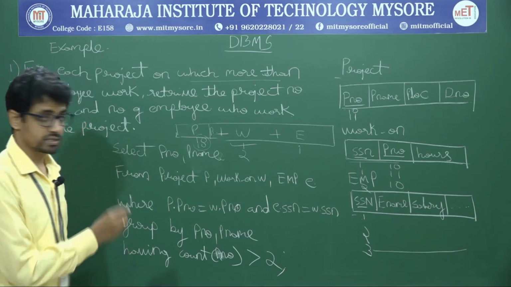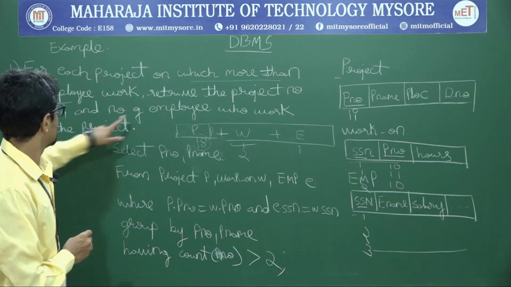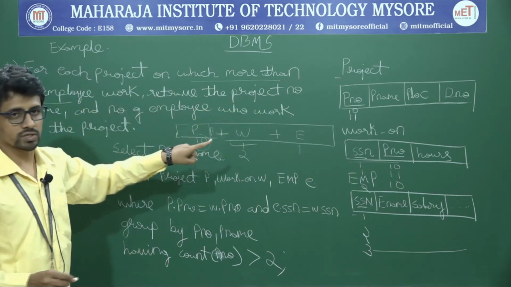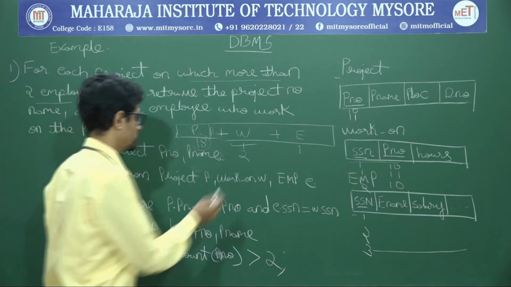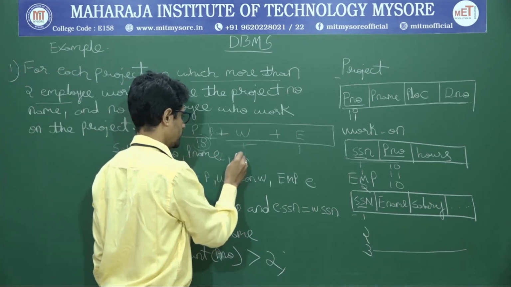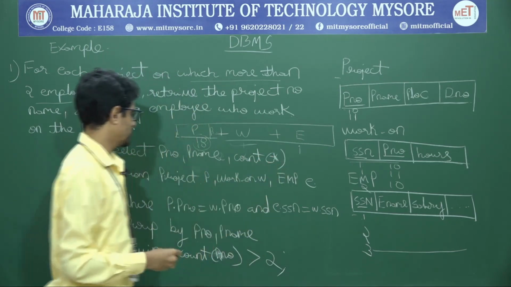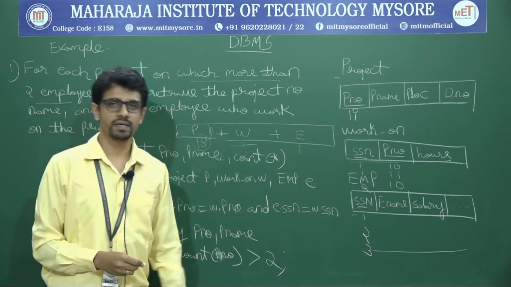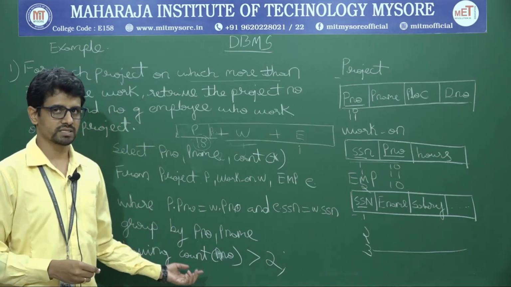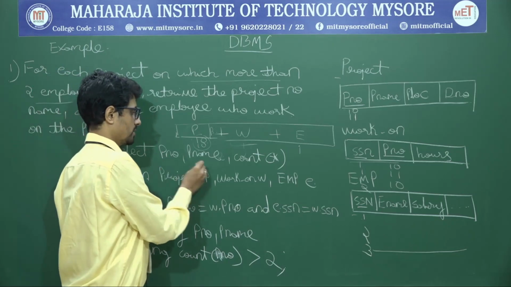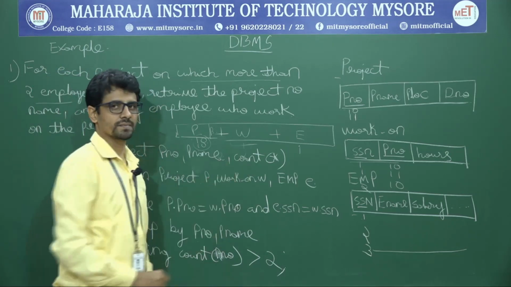Okay. Now the query is not yet finished. Retrieve the project number, the name and the number of employees. I want the number of employees also. So what is supposed to be done? Comma, count star. Whenever you write the P number and P name, if that particular project number, 10, is repeated 3 times or 4 times, I'll get P number 10, project name X, count as 3.